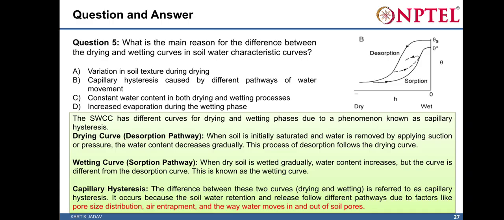When we again rewet that dried soil, both paths of soil moisture gaining and losing are different. The difference in this path is caused by the hysteresis effect, and this hysteresis effect is basically due to capillary hysteresis caused by different pathways of water movement. Okay, the correct answer is option B.